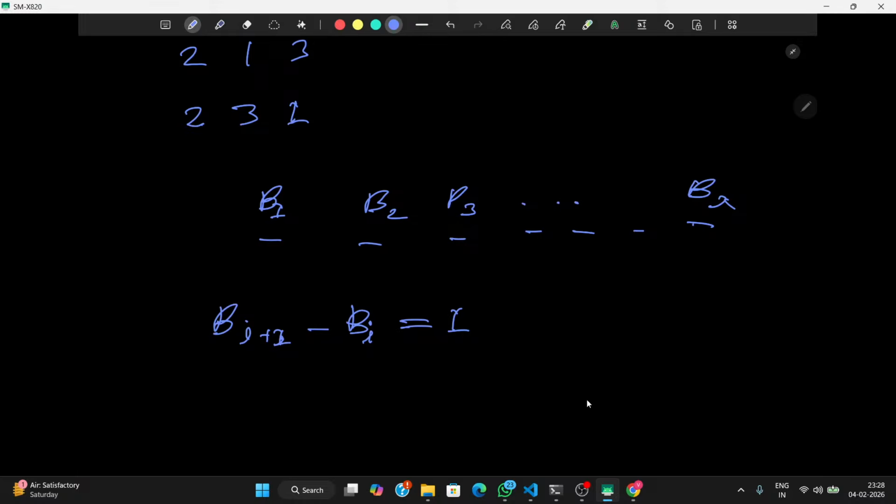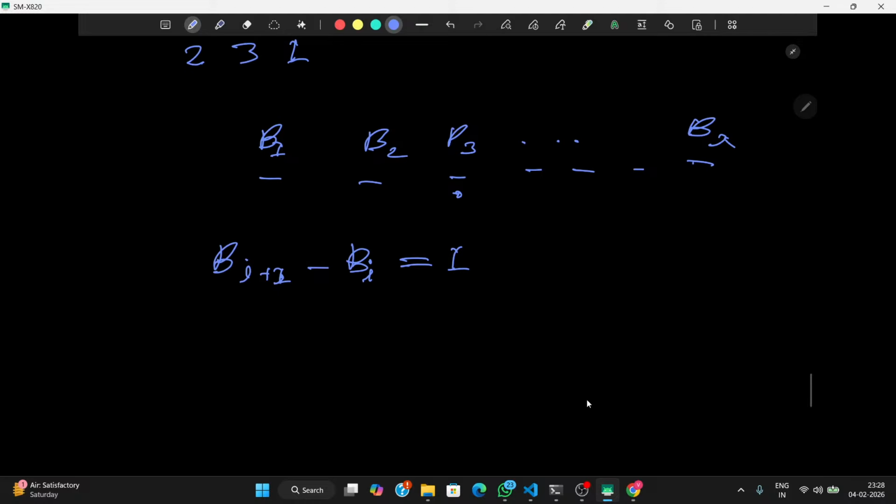Now, what we need to do is pick one element to start, and then we can go either one element to the right or to the left, because we need to put adjacent elements at the start, right? So if we put B3 in the starting, then we can put B2 or B4. If we put B4, then we can put B2 or B5, right?